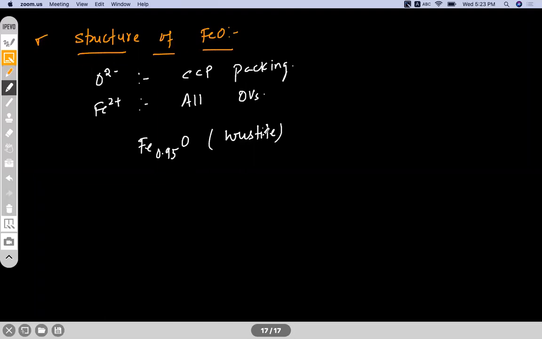Every 3 Fe2 plus ions would be replaced by 2 Fe3 plus ions in order to maintain electrical neutrality.